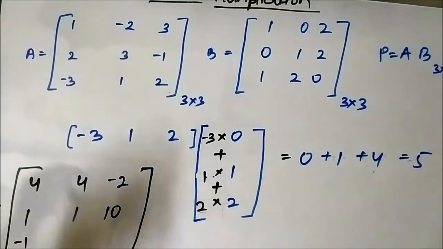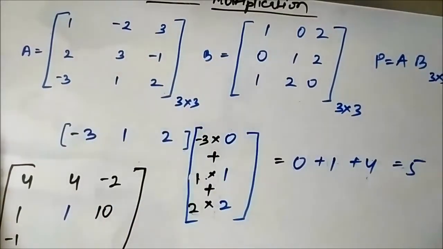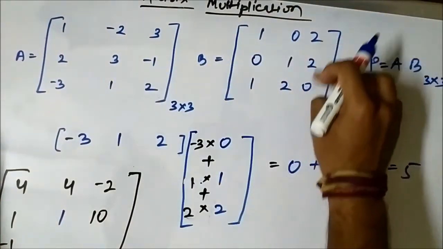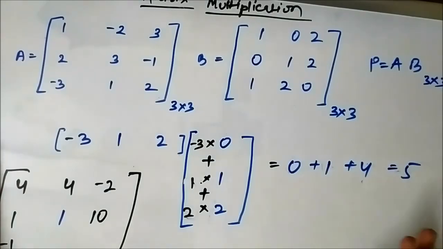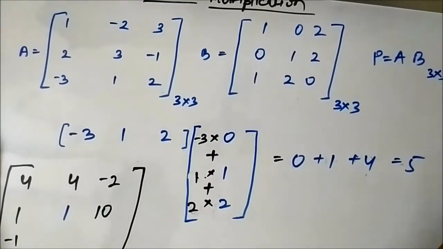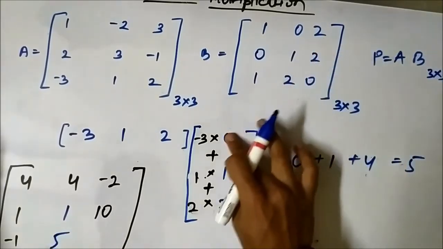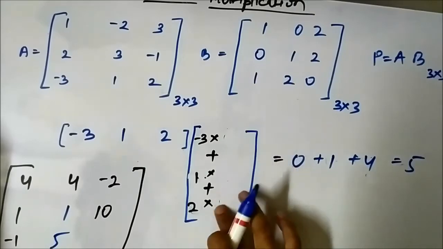Next, this third row will be multiplied with the third and final column of the second matrix. This is the final operation. It will be multiplied with 2, 2 and 0.